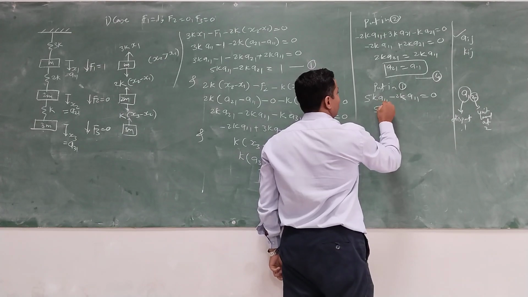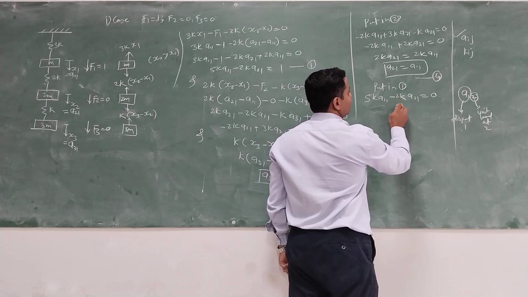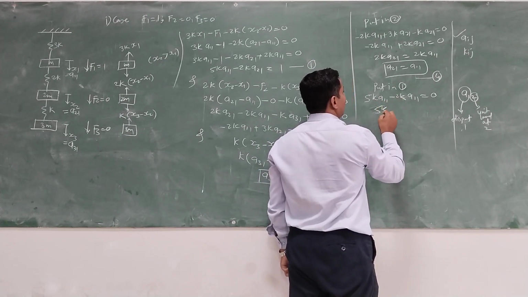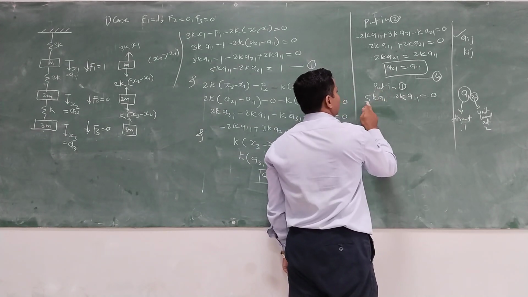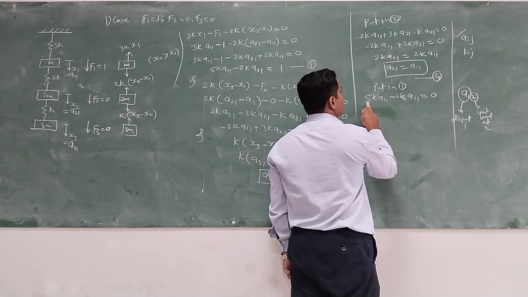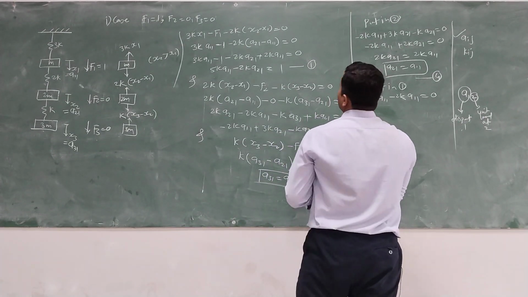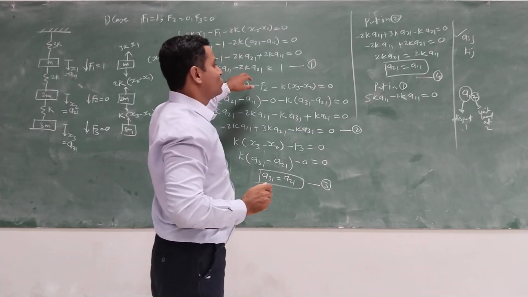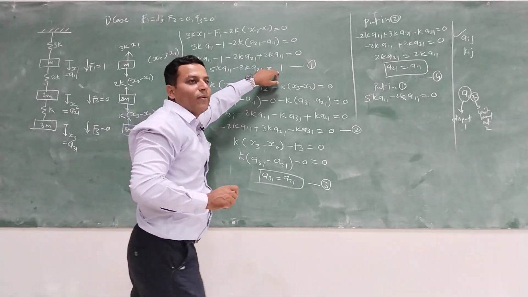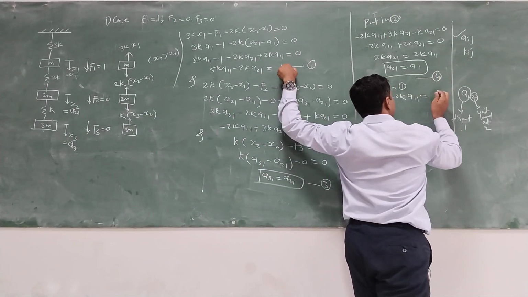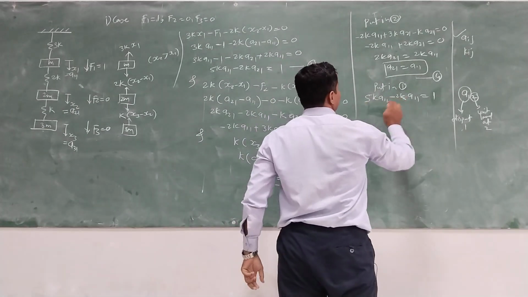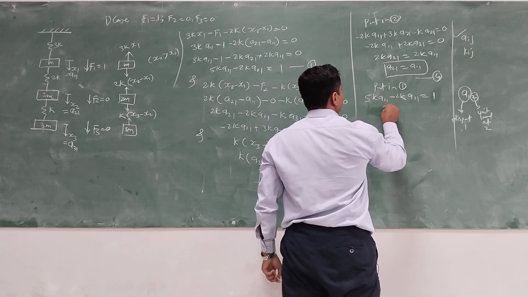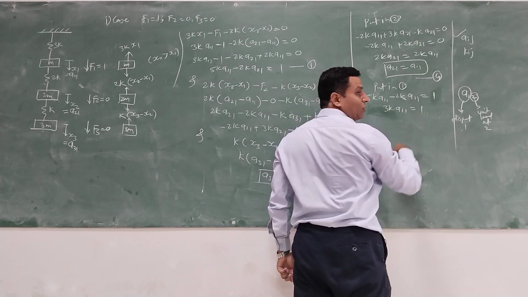So if I take 5k, wait, I made a mistake. It is equal to 1, what is it? It is equal to 1. So 5 minus 2, 3k A11 is equal to 1.